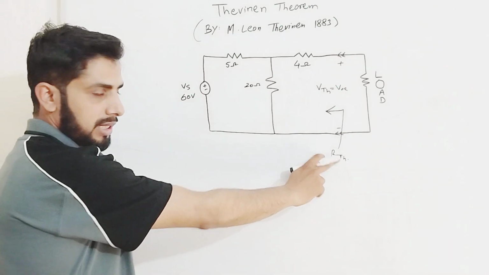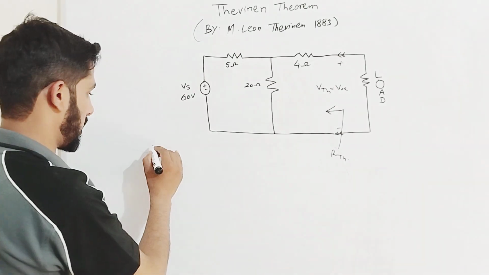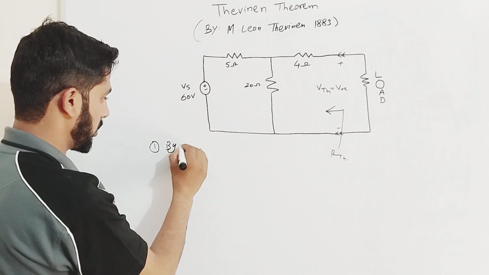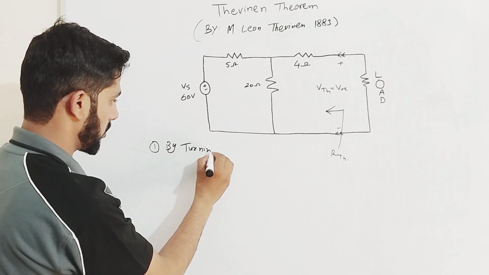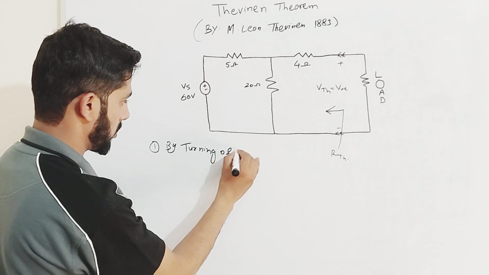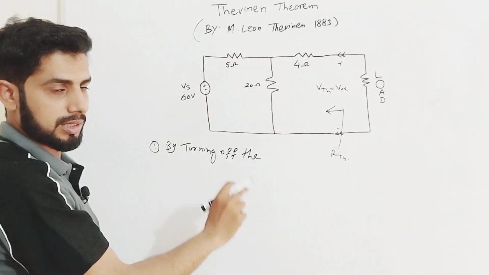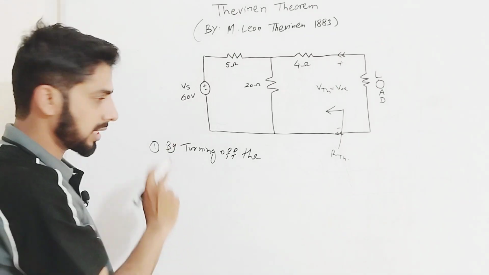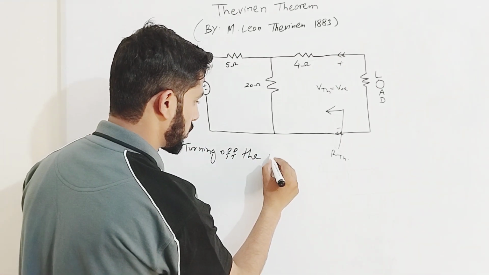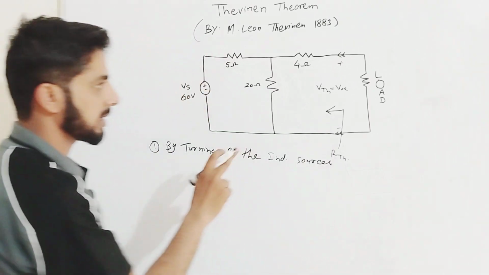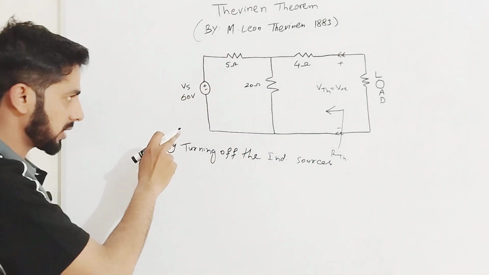How will we solve the Thevenin equivalent resistor? In the first step, the Thevenin equivalent resistor is solved by turning off the independent sources, either current sources or voltage sources. In this example we have one source.